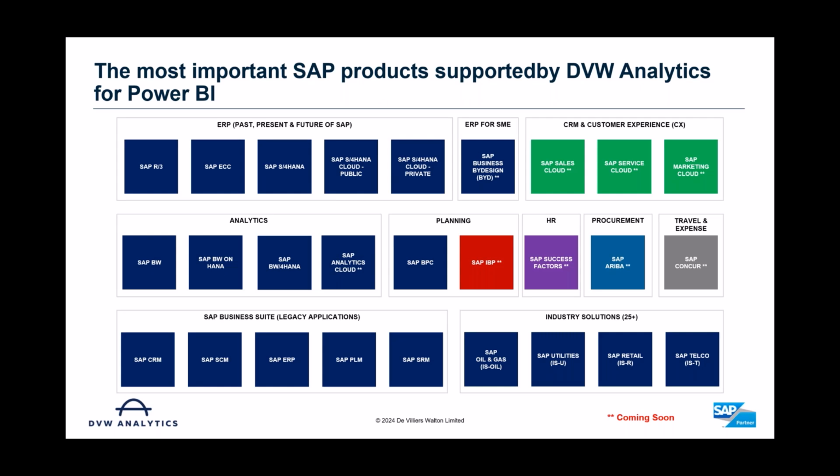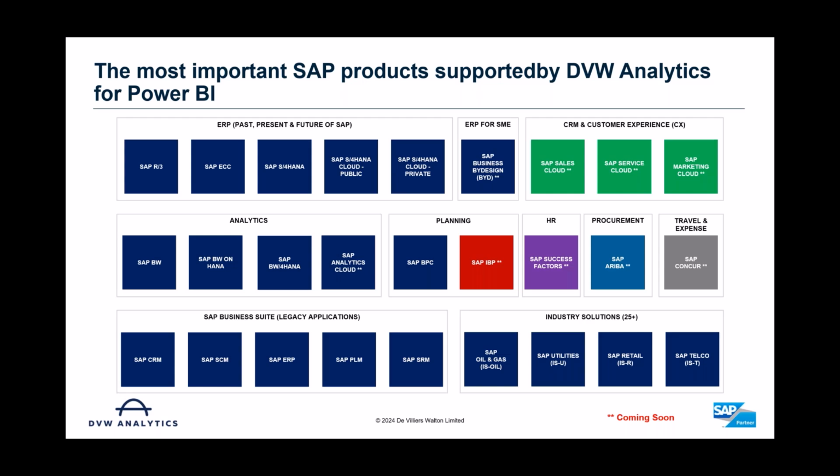So in terms of SAP, when we say we connect to SAP, we connect almost to it all. Anything with SAP on the label is the way we put it. So if you're running ECC, say on the ERP side, all the way through to the more modern versions of SAP ERP like S/4HANA, and that's on premise or even in the cloud, private or public, then we can connect into those systems and pull that data, make it available for you in Power BI.